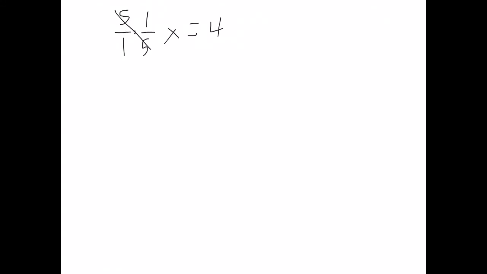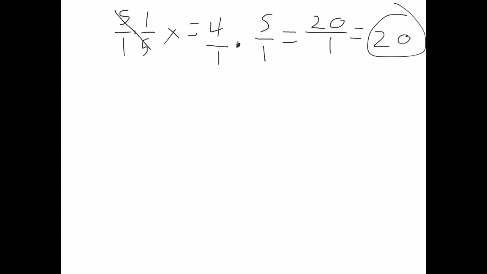So you just do that to make it an actual fraction. So then you times 5 over 1. You can't cancel anything out. So this will be 20 over 1, which will equal 20, giving you your answer.